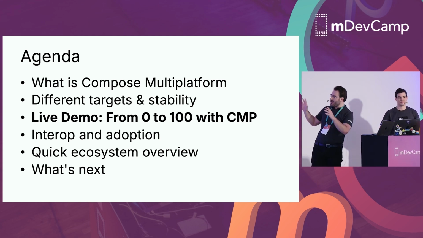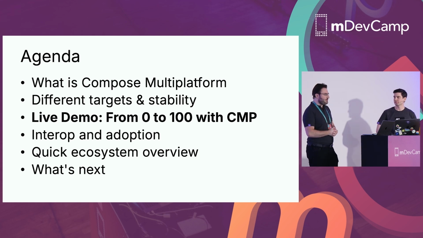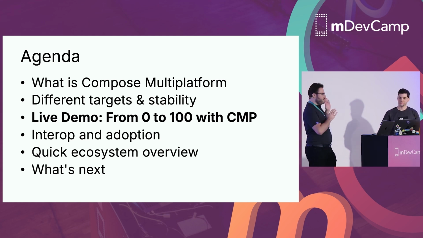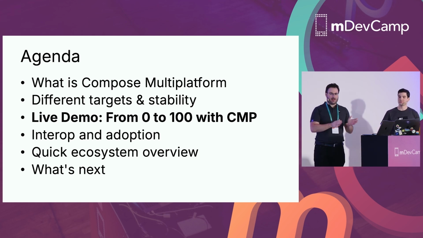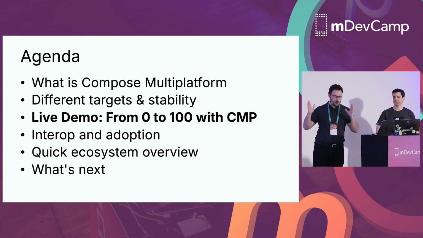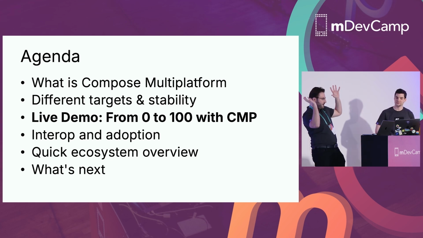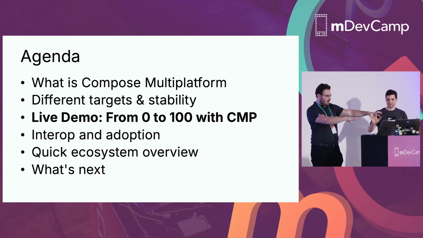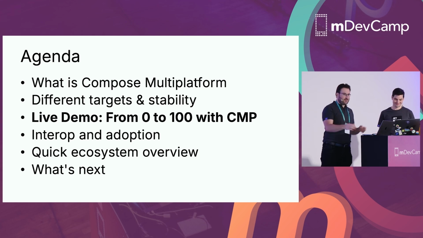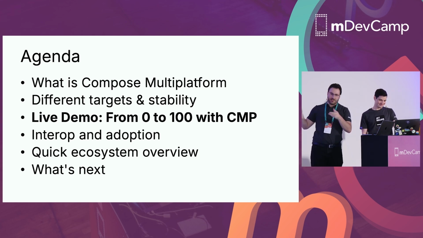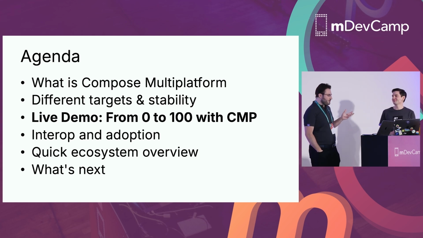Then we'll get to the meat of the entire talk, which is going to be our live demo, where we will start from essentially zero, and we will build a small application live on stage using nothing but our wits and the power of these two laptops. After that, we will also talk a little bit about interop with the individual platforms.